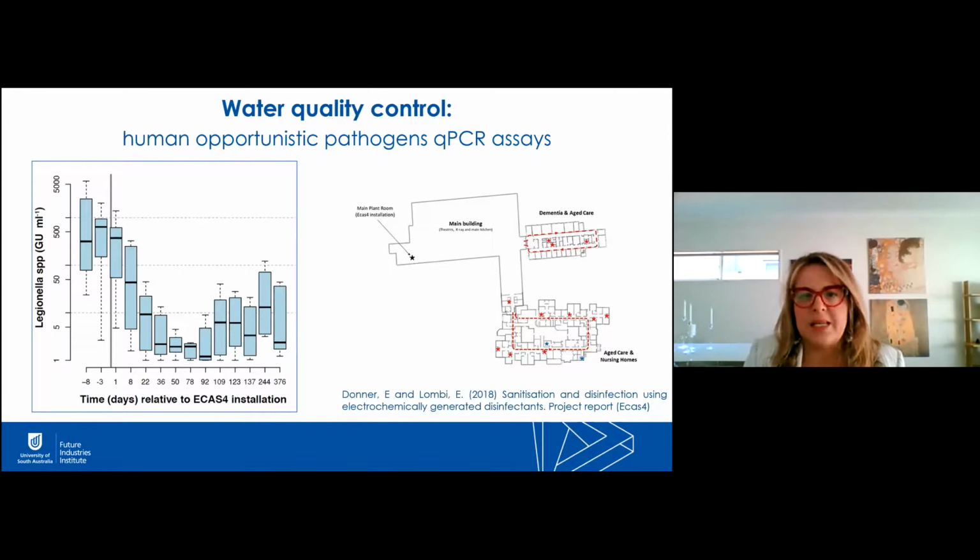In this study, our lab monitored how the quantity of Legionella, an important respiratory human pathogen, was affected by the installation of a disinfection booster system in the potable water distribution system of a hospital and an aged care facility. Prior to the installation of this system, the level of Legionella was quite high, then slowly started to decrease, highlighting that the disinfection system was working properly.